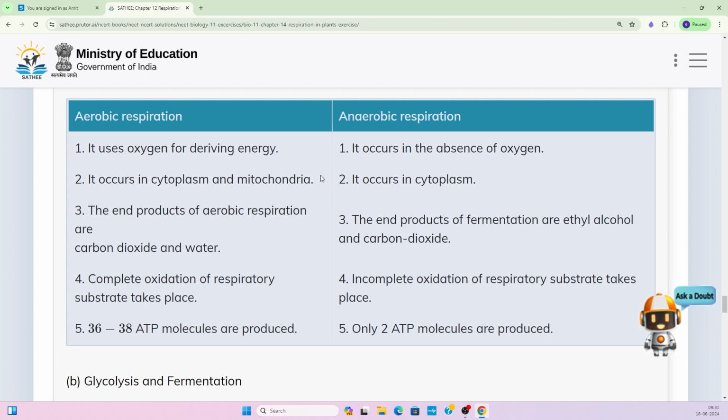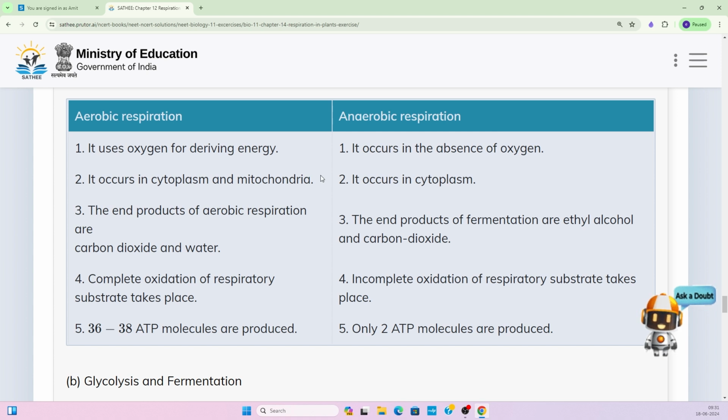Glycolysis takes place in the cytoplasm, and the Krebs cycle takes place inside the mitochondria. Anaerobic respiration occurs in the cytoplasm, so no mitochondria is involved in the process.